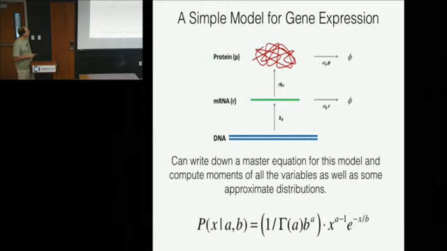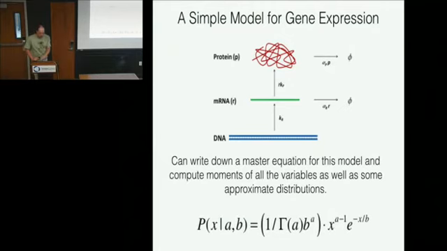One approximate solution for the protein distribution is this gamma function, which is true in certain limits, and it's favored by Sunney, for example, in analyzing his data. And the RNA distribution here looks just like telegraph noise. That's reasonable for bacteria, but it's not true for eukaryotes, as you saw from our distribution.